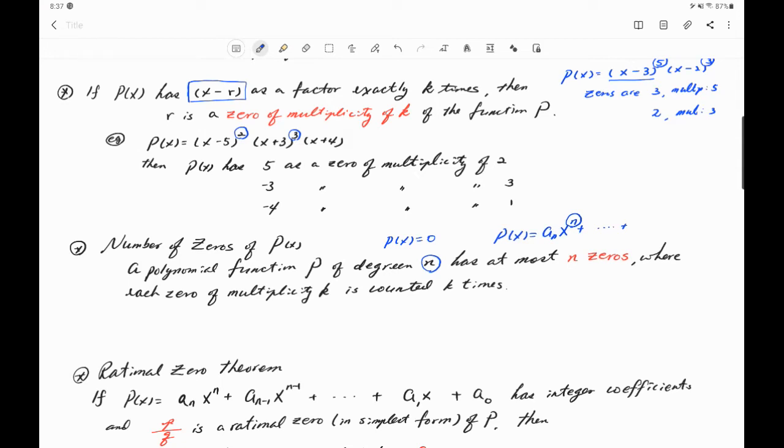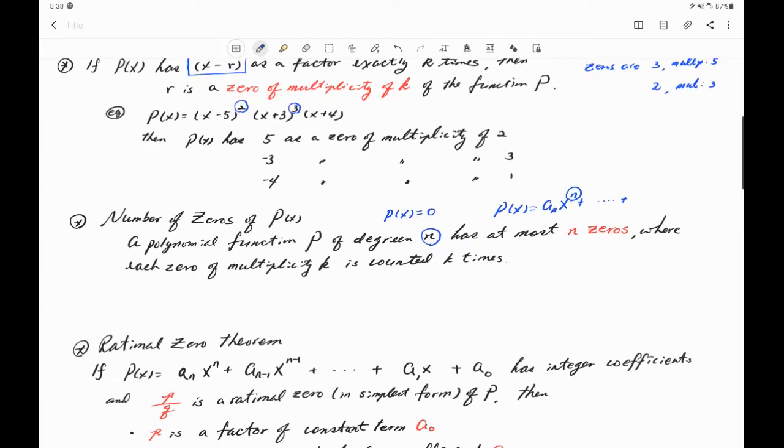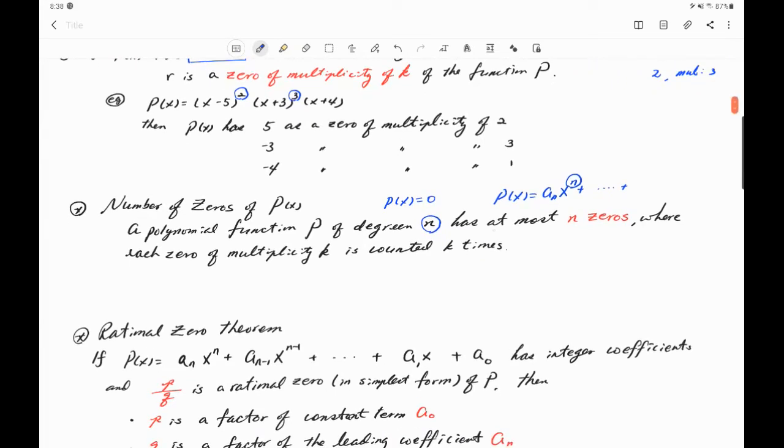Just keep in mind that the real zeros are at most n. If there are complex solutions, then we decrease the number of zeros by 2. So, this is important, at most n zeros.